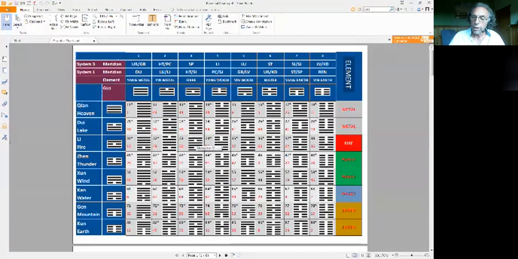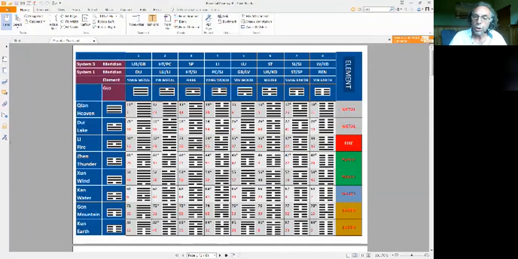Same with 33, 44. So it's a doubling of the trigram into the hexagram shape, and these are called the 8 primary hexagrams. And they're related to the meridians as well. So that's part of the study.